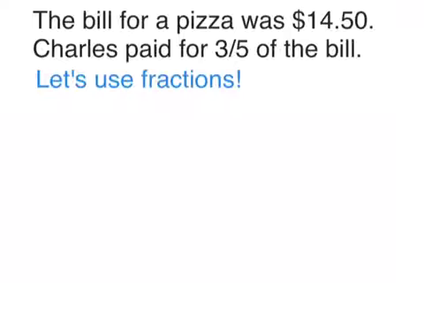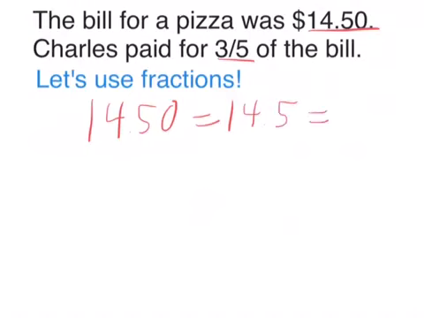We've got our 3/5 as a fraction, that's cool. We need to turn 14.50 into a fraction. So 14.50 equals 14.5, which equals 14 5/10. And we can simplify 14 5/10 to 14 1/2.